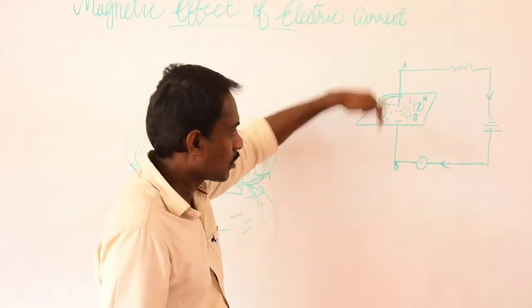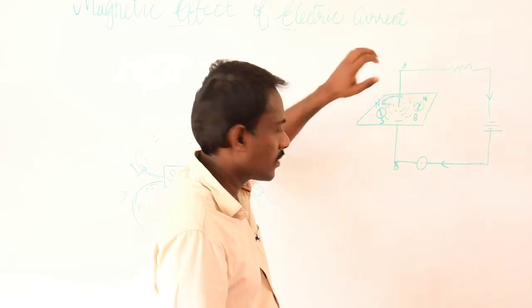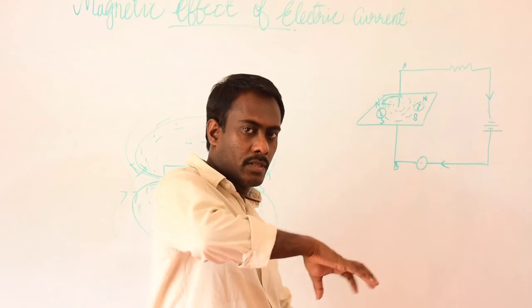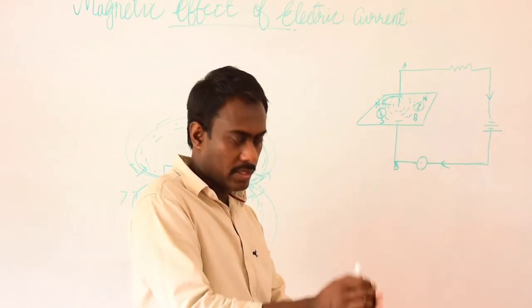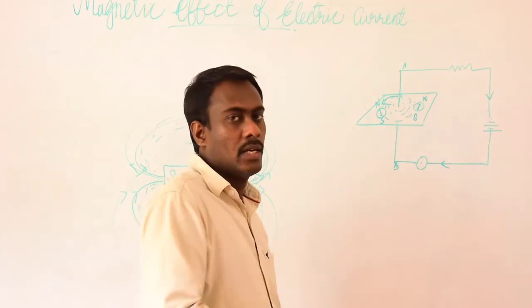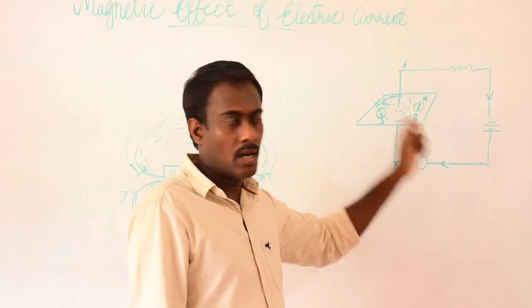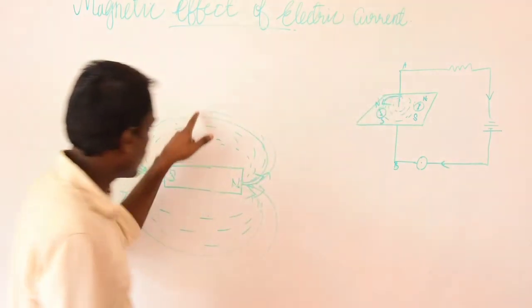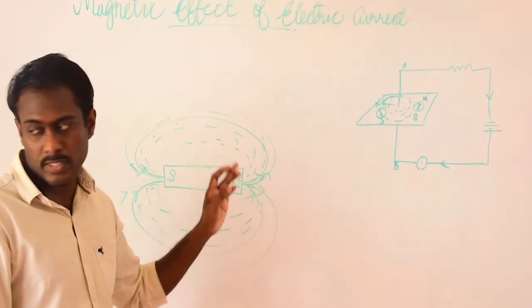When we examine these concentric circles, we can see that they are one circle inside another, another inside, and so on. These circles never intersect each other. That is one of the properties of magnetic field lines.